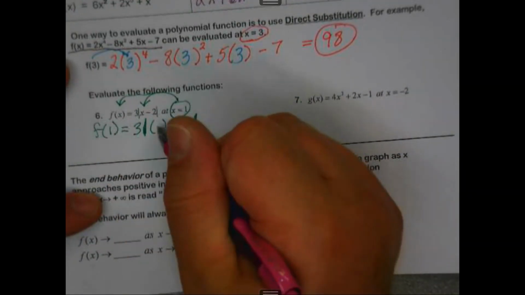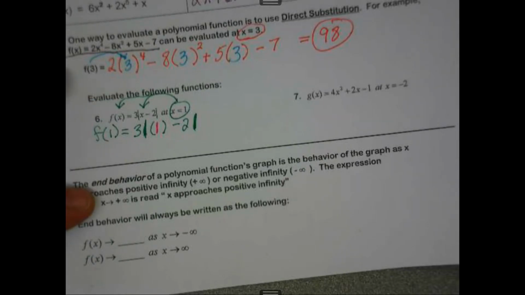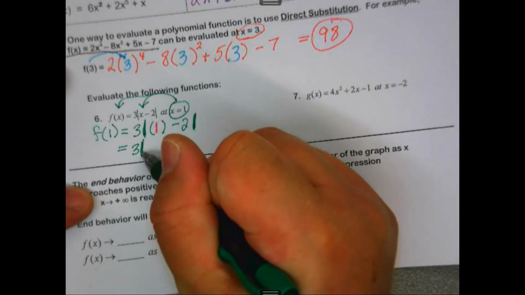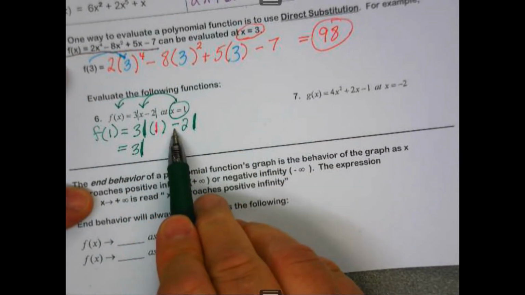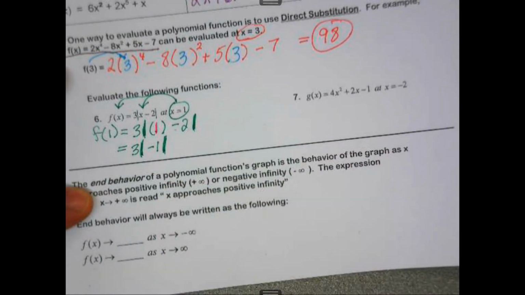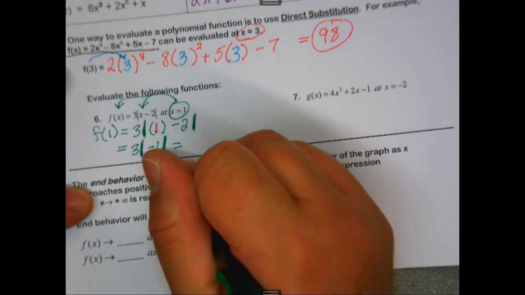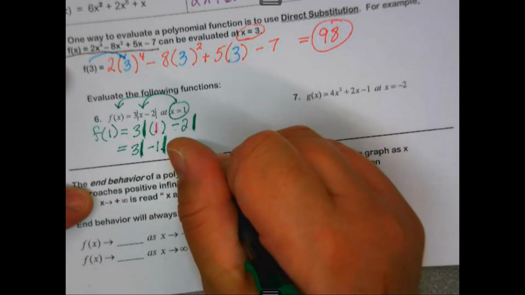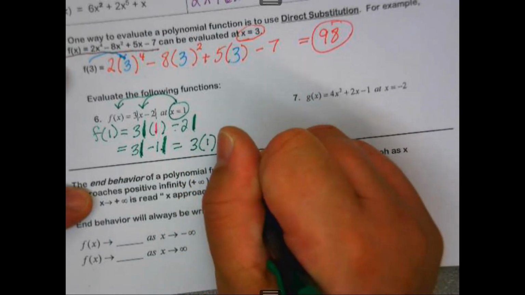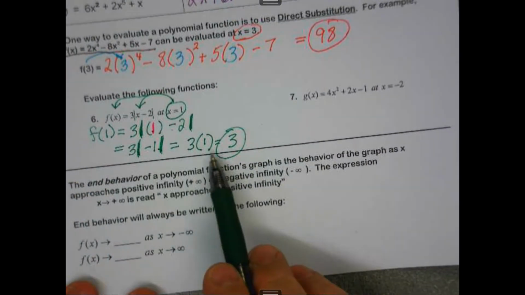I plug in a 1 for my x. So I have 3 times the absolute value of 1 minus 2 minus 1, which equals, to drop the absolute value bars, I'm going to have to change that to a positive, 3 times 1, which is 3. So the f of 1 equals 3.